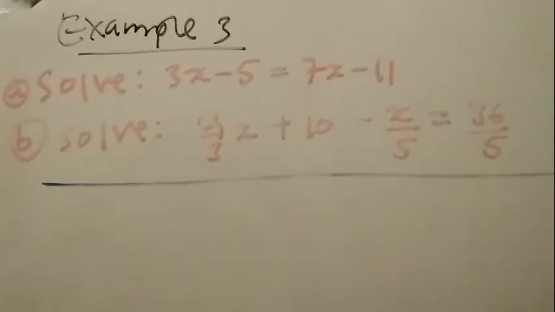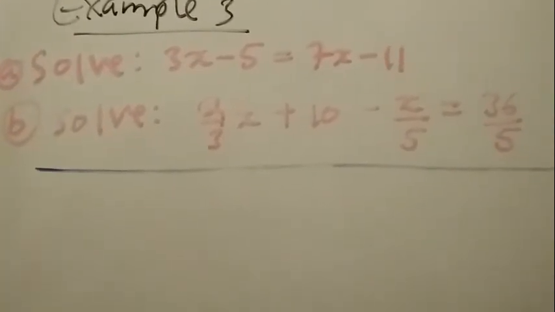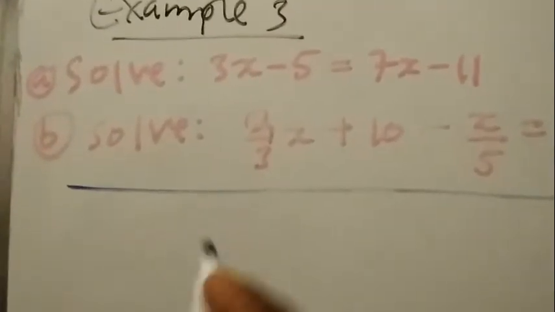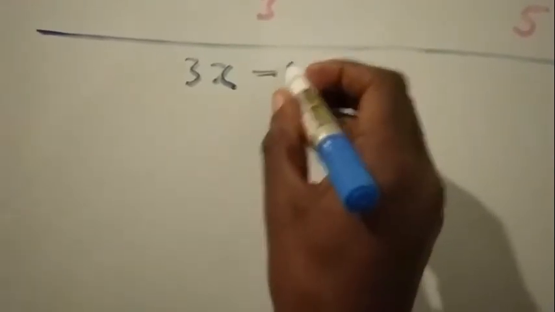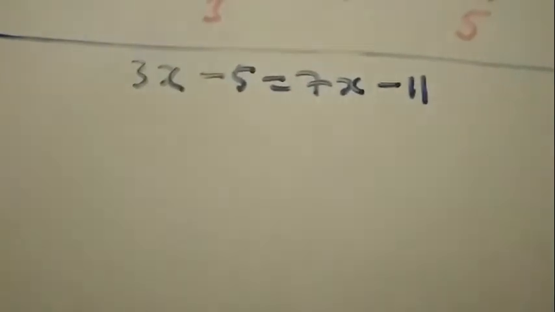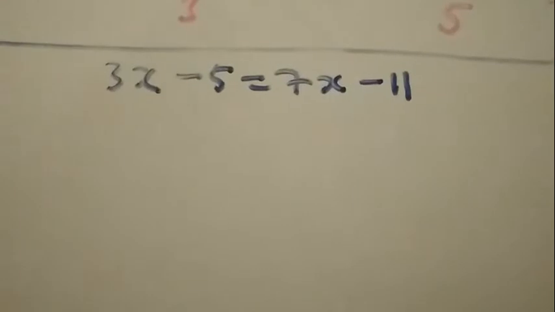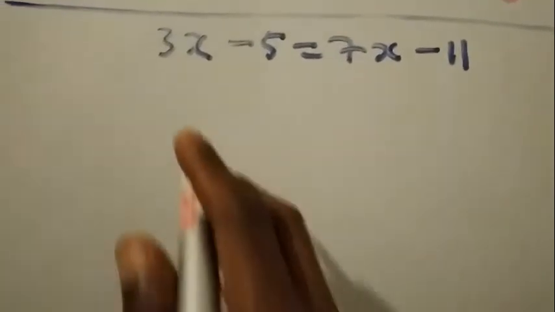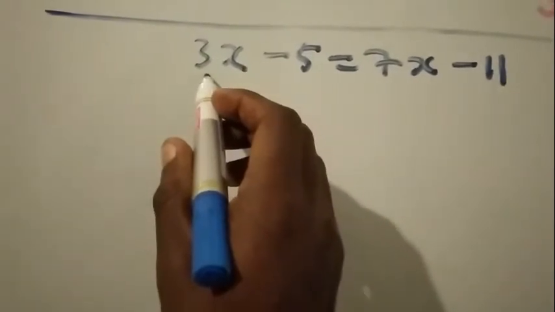Okay, so I've added two more examples. The first one is saying solve 3x minus 5 equals 7x minus 11. Now what you can do here is look at this equation.